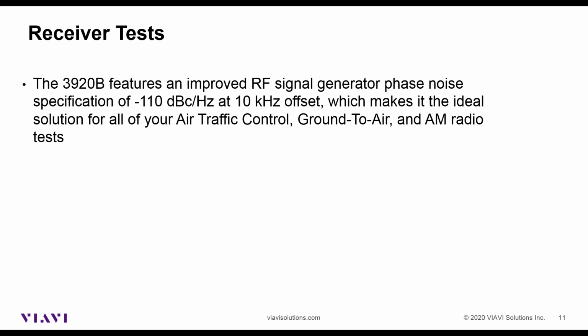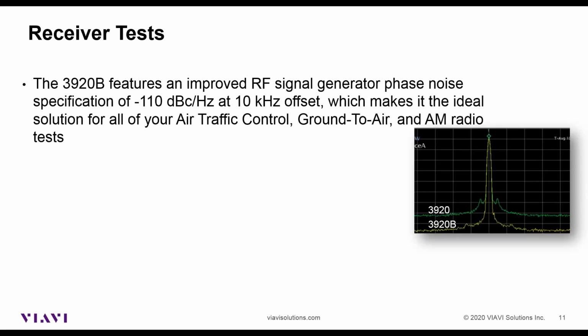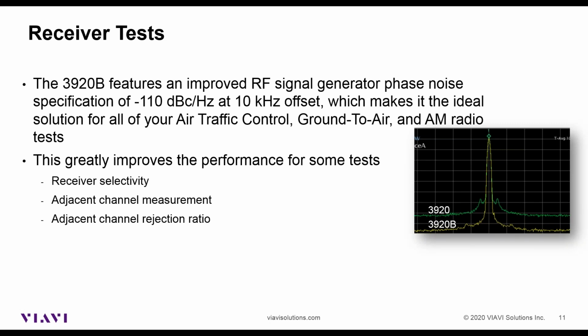So it's specified at -110 dBc per hertz at 10 kilohertz offset. And why is that important? Again, if you're trying to do measurements on AM radios, some of those measurements you could get marginal passes on these types of measurements, like receiver selectivity, adjacent channel power, and adjacent channel rejection ratio.